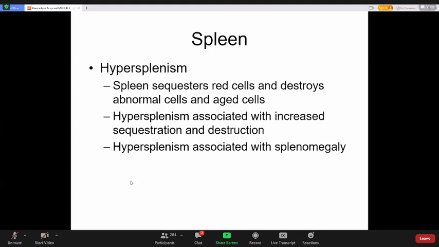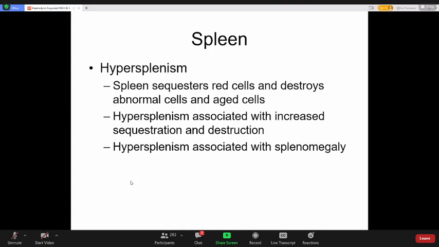Hypersplenism occurs in patients who have enlarged spleens, and as the red cells circulate through this enlarged spleen, they can sequestrate, and first of all, you get damage of red cells that are abnormal, or old cells are damaged first as they circulate through this enlarged spleen, and sometimes even normal cells can be destroyed, and patients usually get what we call sequestration, hypersplenism, because of macrophages within the enlarged spleen.